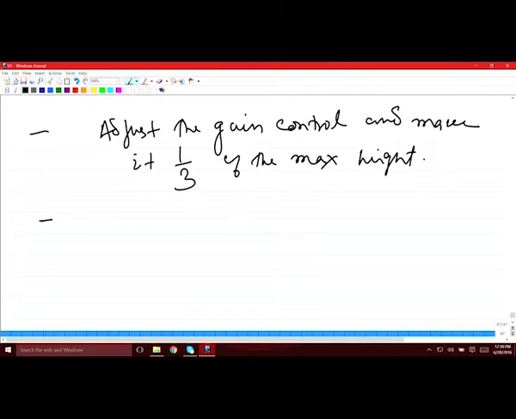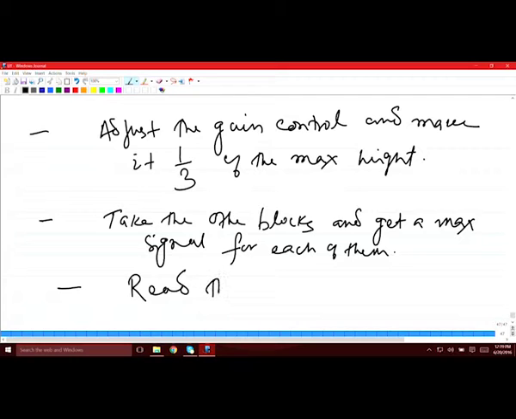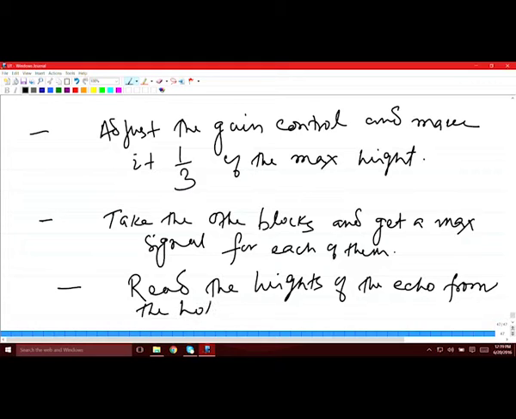And next, like what we have done before also, take the other blocks, and get a maximum signal for each of them, and then read the height of the echo for all other blocks, the echo from the hole without adjusting the gain.